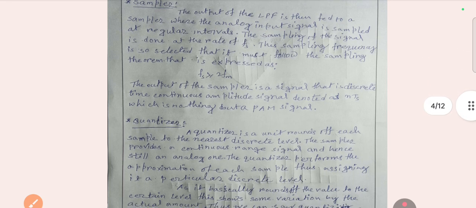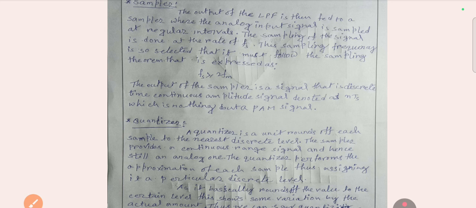The output of the sampler is a discrete-time continuous-amplitude signal denoted as x(nTs), which is nothing but a PAM signal.